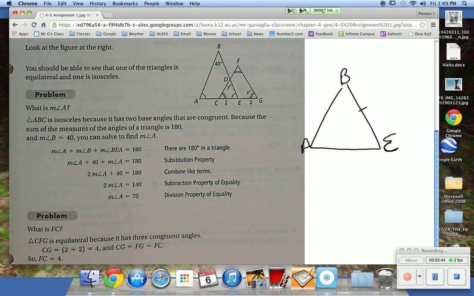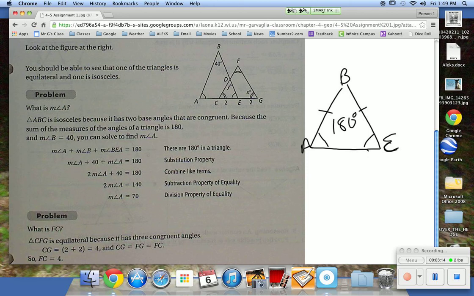And they say it's an isosceles triangle, which means these two angles, Jacob, are equal, and these two sides are equal. They talk about angle A plus angle B plus angle BEA. So it's BEA. This angle right here. Adding all three of these together is going to equal 180 degrees.